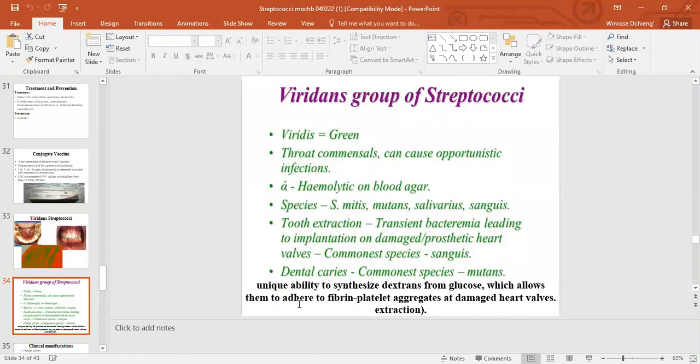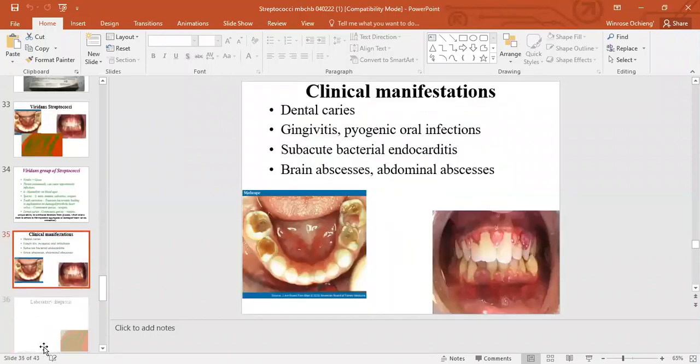They are able to enter, so they overcome our innate immunity, or they take advantage of the predisposing factor that we are having, like the tooth extraction we have mentioned, and they cause the infections that we have. Yes, they are normal commensals, but they can lead to those infections.